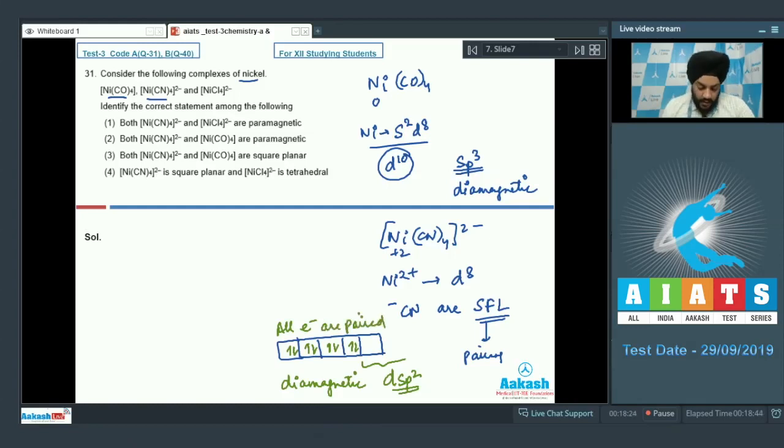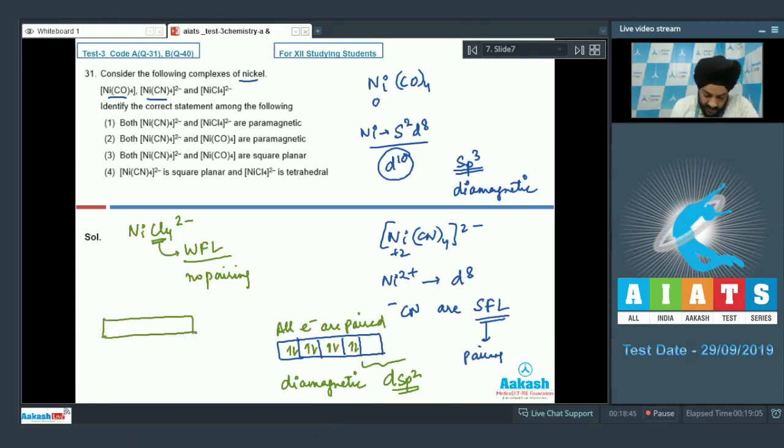Okay. So in the last complex also, nickel is present in a state of +2. So [NiCl4]2-. But chloride ions are weak field ligands. So there will be no pairing in this case. Okay. So as there is no pairing, the electronic arrangement will be in this fashion.